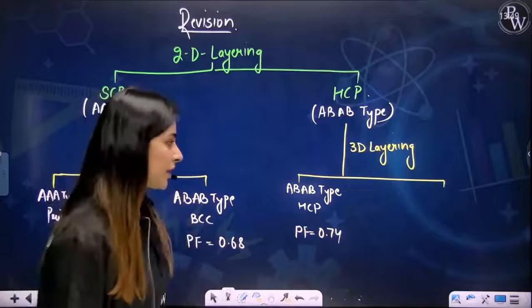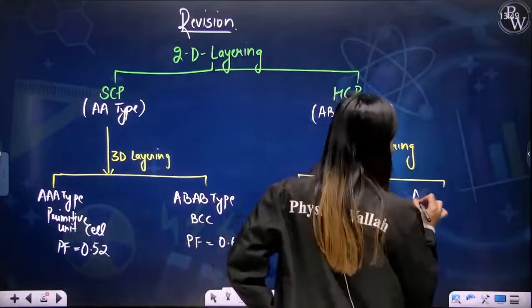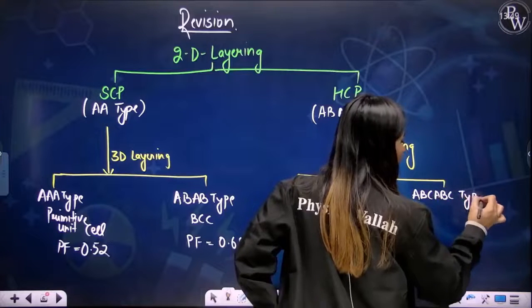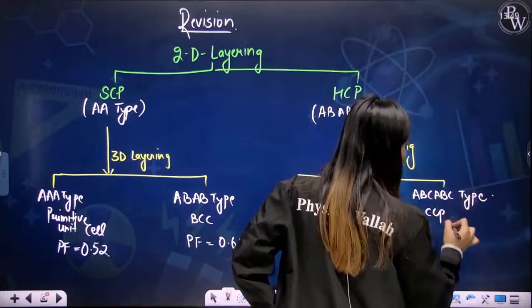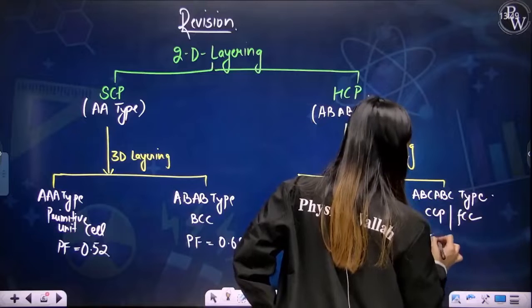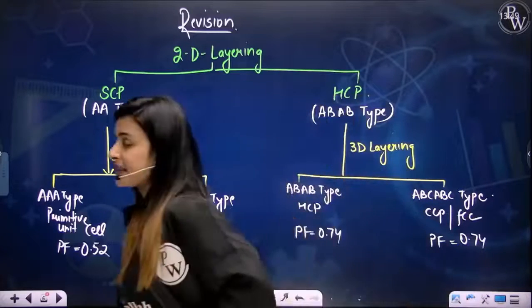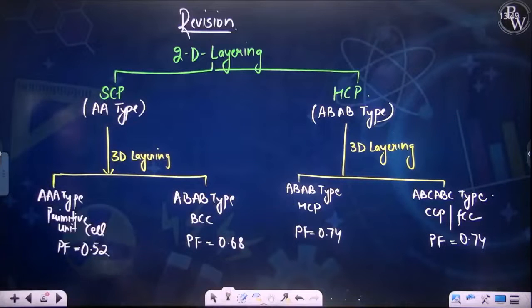I told you. Perfect. And it could be ABC type of layering, and this would give me CCP or FCC lattice, and again the packing fraction would be 0.74. Right? Yes. This is the complete flow chart that we have studied in the layering part.